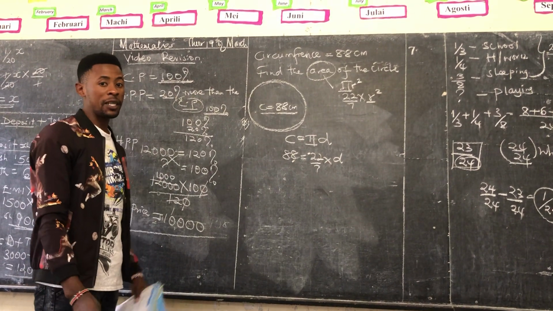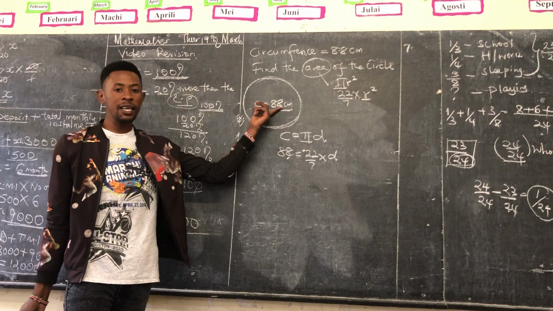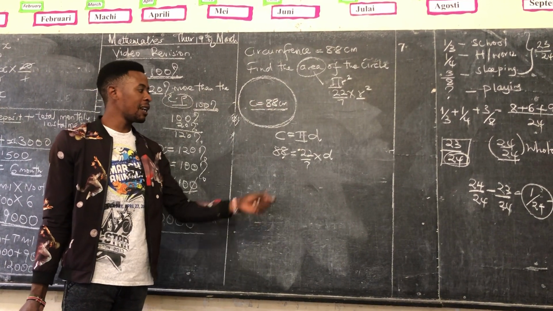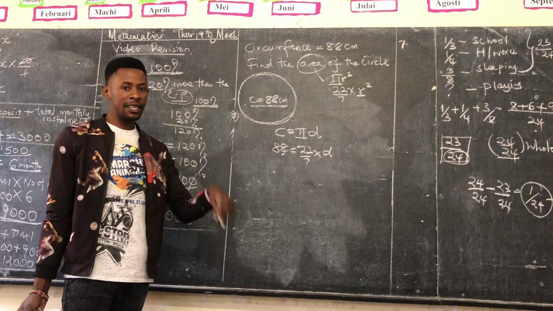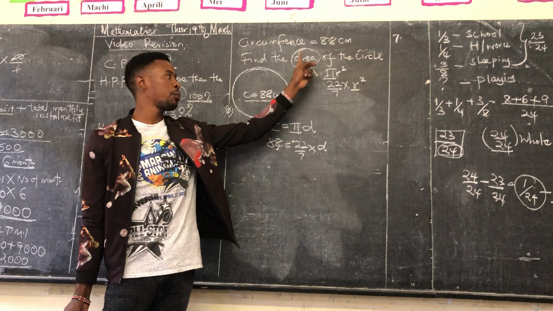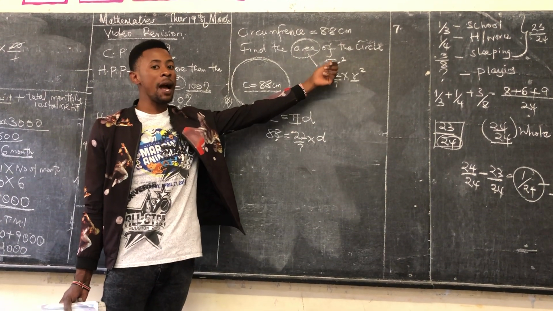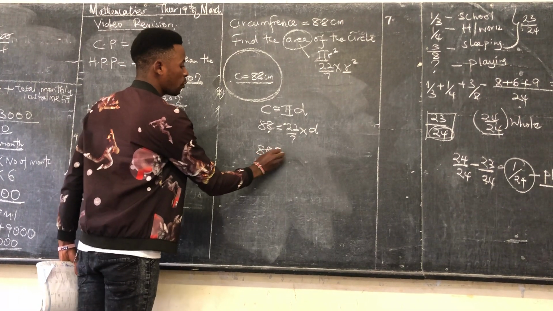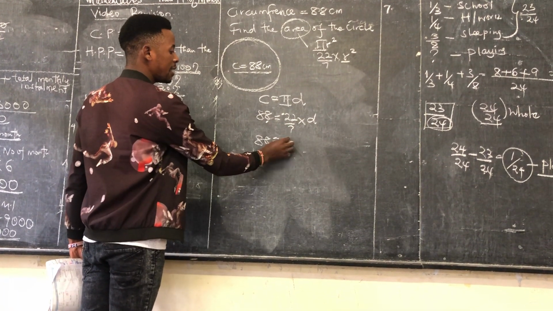We've only been given the circumference. Now we want to use this circumference to get the diameter, and after getting the diameter, we get the radius, and then we can get the area of that circle, because area of the circle is equal to pi r squared.